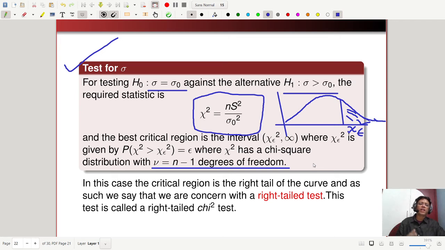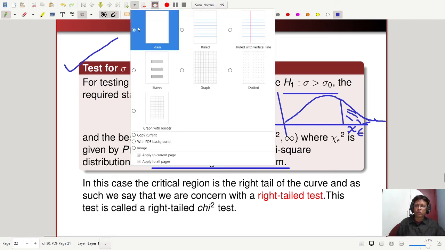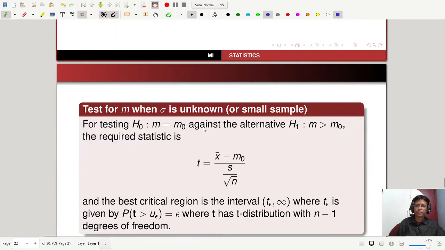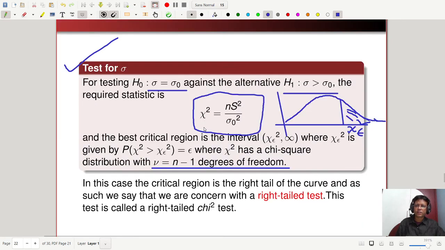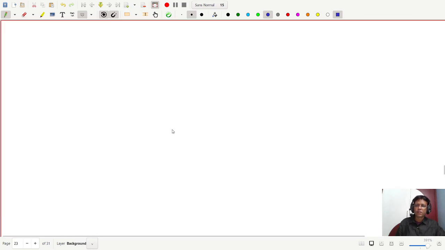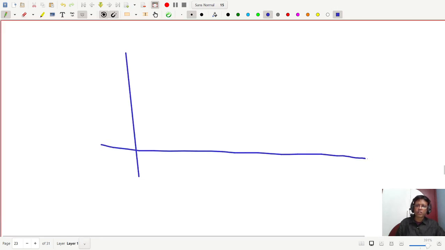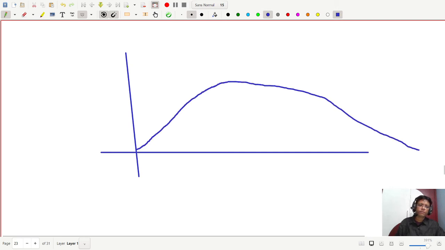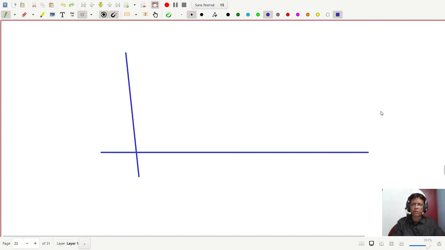Similarly, we can explain the left tail test and the both tail test also for chi-square. Let me show you in one diagram. So you have a chi-square distribution curve.